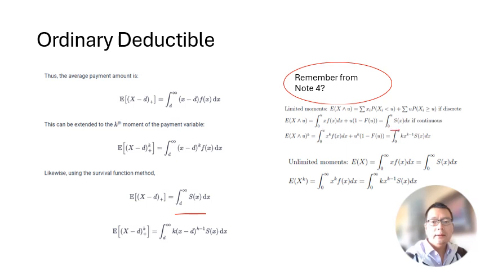Now if we think about it, the normal unlimited moment E[X] is the integral of the survival function S(x), but the integral is from 0 to infinity. So naturally, we can see that the expected value of (X minus D)+ is the same survival function, but from D to infinity.